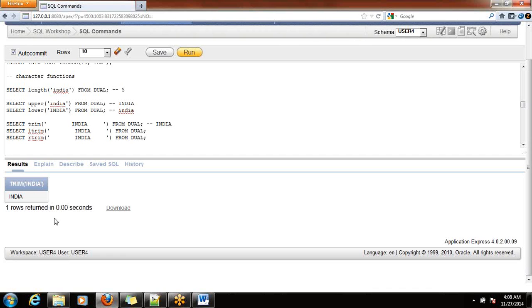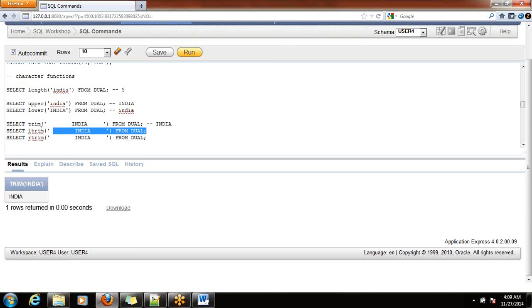So when we have function trim, are the spaces always on both sides? Yes, the trim function would remove the spaces from both sides. We have left trim and right trim, which would remove left side spaces and right side spaces particularly. Yes, L trim we say.